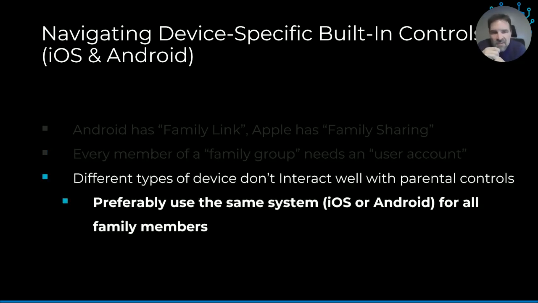And this is important to notice that different systems don't interact well with parental controls. So if your kids are using iOS, you should use an iOS device to control their devices. And if they are using Android, you should use an Android device to control their devices.